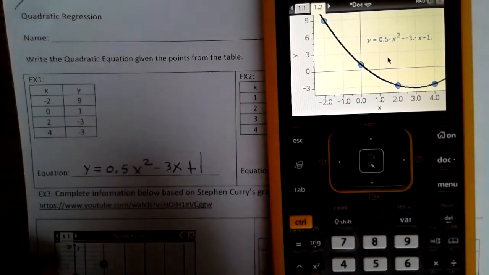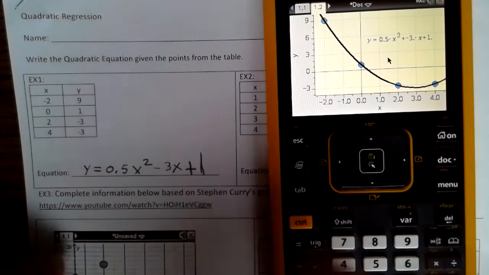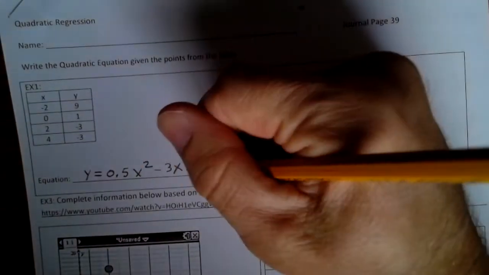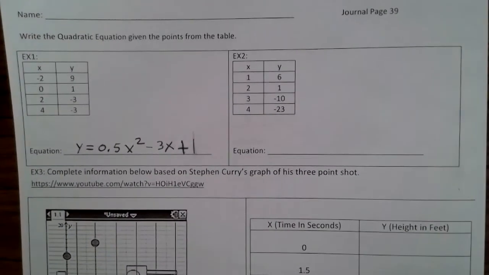Okay. Fix that plus sign, and that 1's just way too big. Let's try to rewrite that. Plus 1. And let's fix the blurriness. There we go. All right, now let's do example 2.